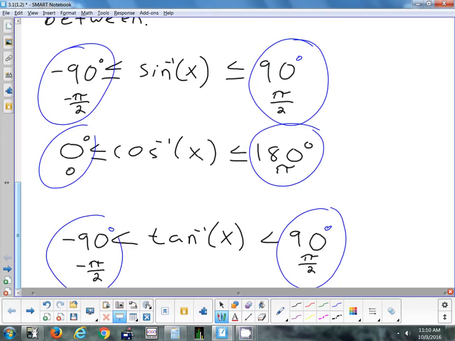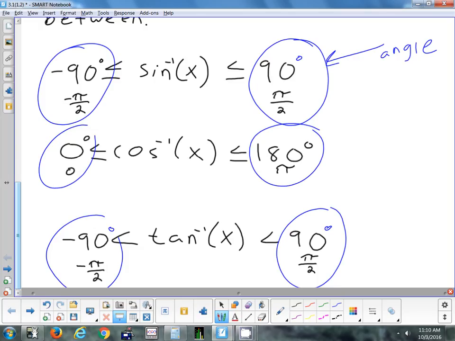So that should give you a hint at what inverse cosine, or inverse sine, or inverse tangent does. The answer that you get back is always an angle. So a lot of times we use inverse trig anytime we need to find an angle. That's what it's used for.